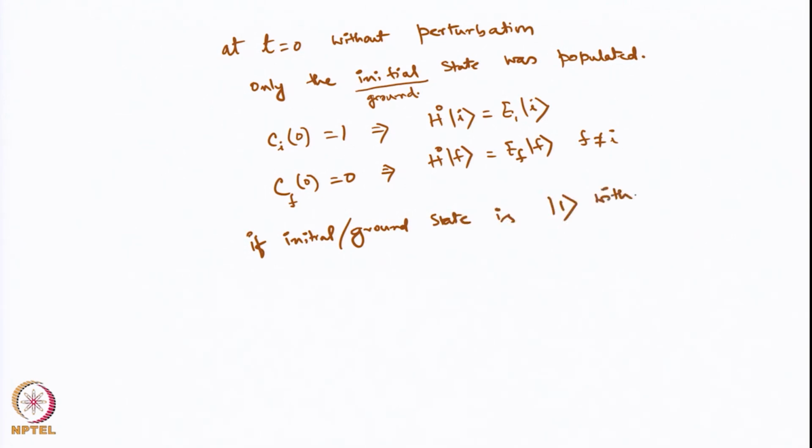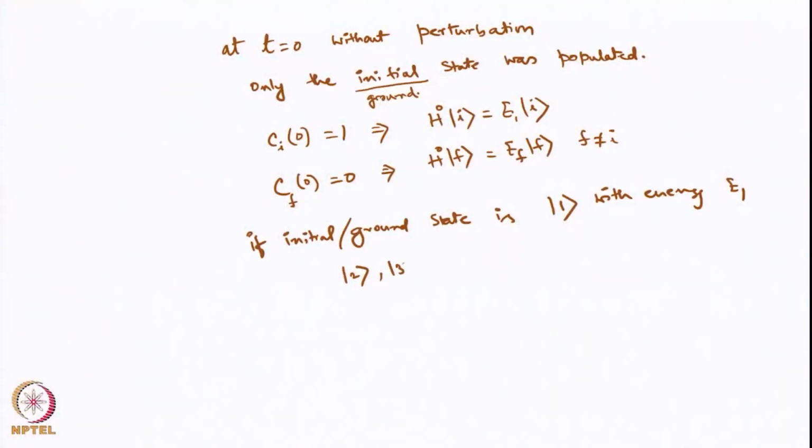With energy E1, as in the case of the harmonic oscillator, the 0 state is populated, as in the case of the particle in a box, only the n equals 1 state is populated.